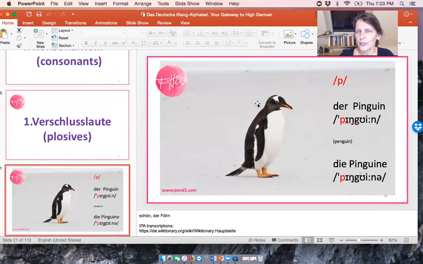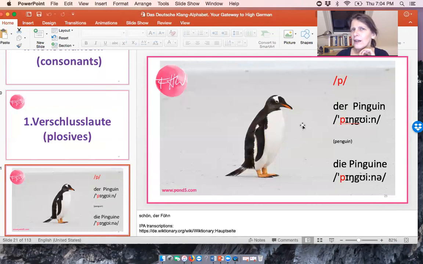So what I want you to do is go through the sound alphabet with me, and learn this symbol. I want you to remember the spelling of the sound, and I actually recommend that you learn this as an image. You see the penguin, and you learn this as an image because there is no one-to-one relationship between spelling and pronunciation.